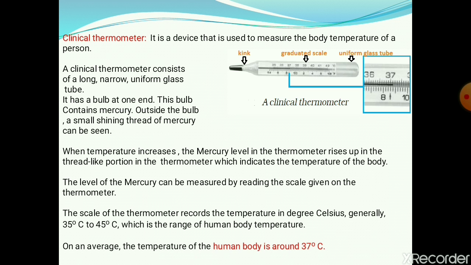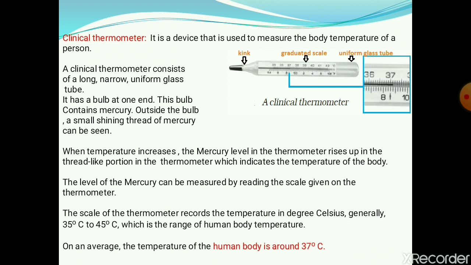The scale of the thermometer records the temperature in degrees Celsius, generally 35 degrees Celsius to 45 degrees Celsius, which is the range of the human body. So what is the range of the human body temperature? The temperature of the human body varies from 35 degrees Celsius to 45 degrees Celsius.